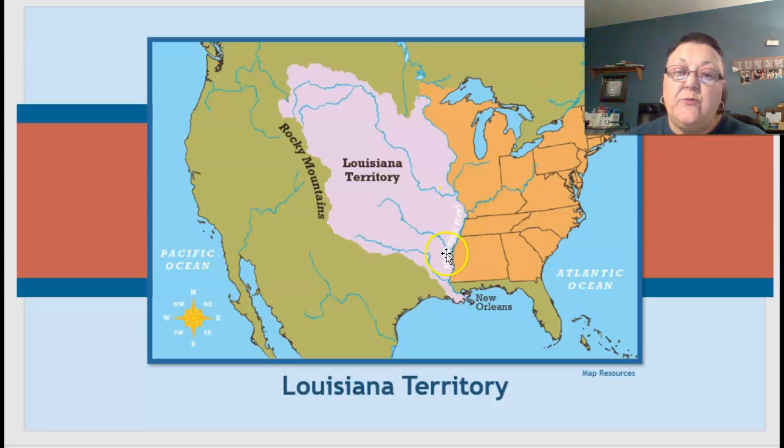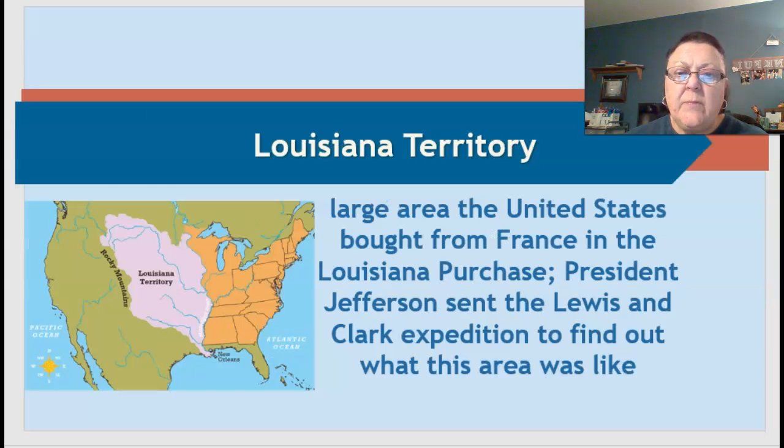So this trade route here was very vital to sustain the American people. So Jefferson knew that, and so he wanted to keep this open so that we would be able to use it.